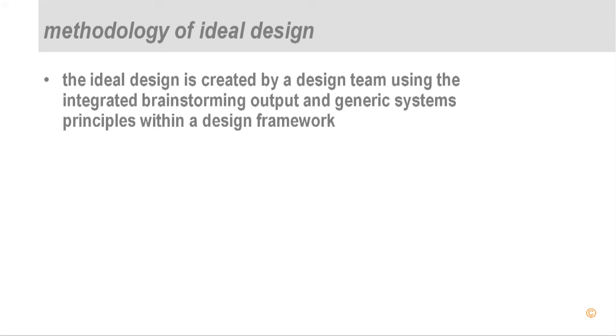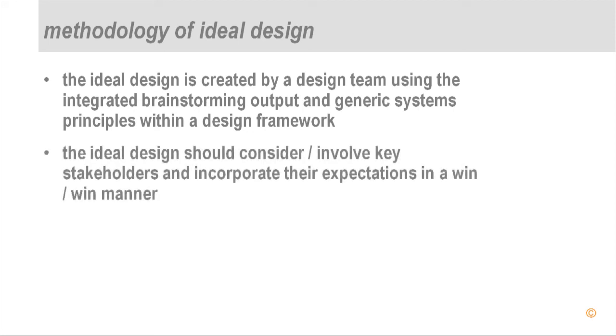So it uses a systemic design framework with the fleshed out information from brainstorming and generic principles. The ideal design should also consider and possibly involve key stakeholders and incorporate their expectations as well, which of course is part of every systemic framework in any case, but still it is important to emphasize that.